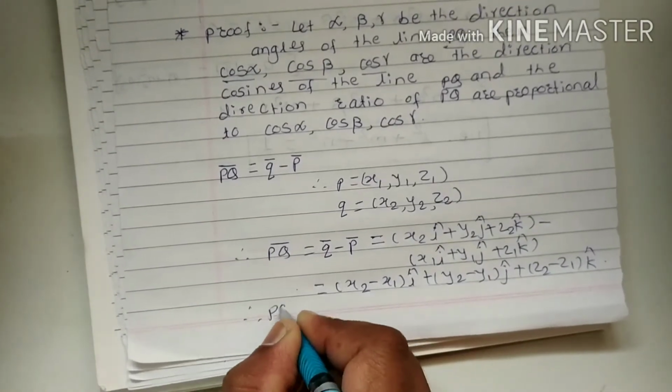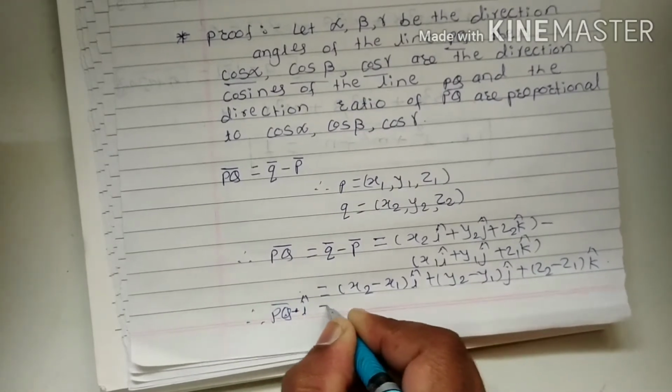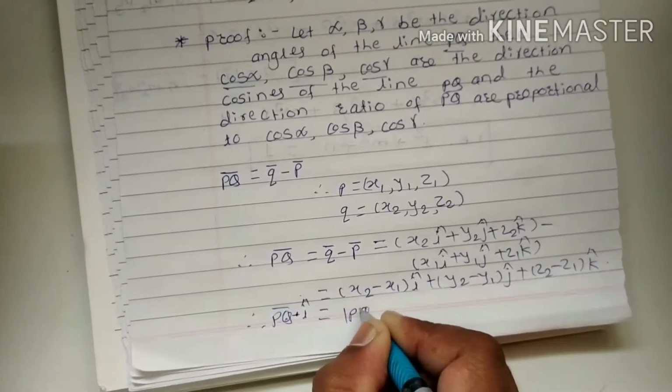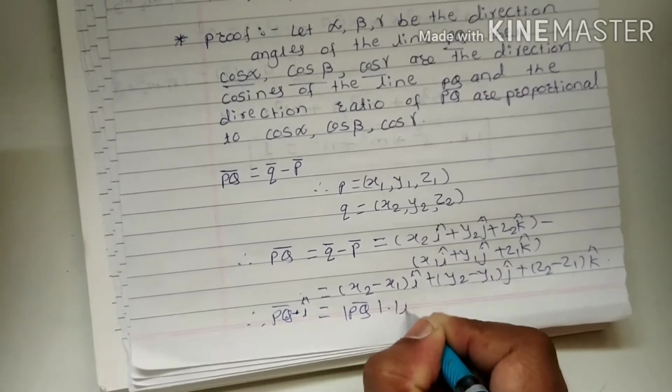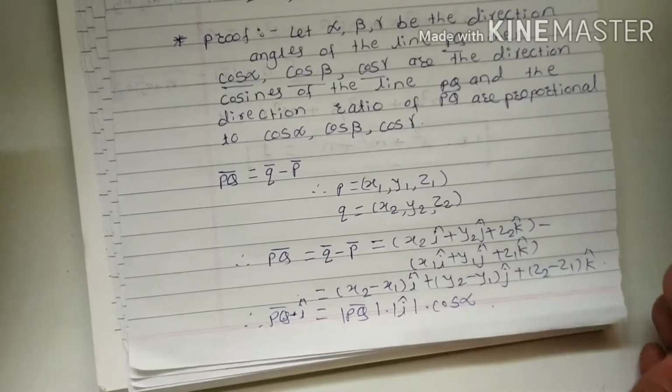Therefore, PQ bar dot I cap is equal to modulus of PQ bar into modulus of I cap into cos alpha.